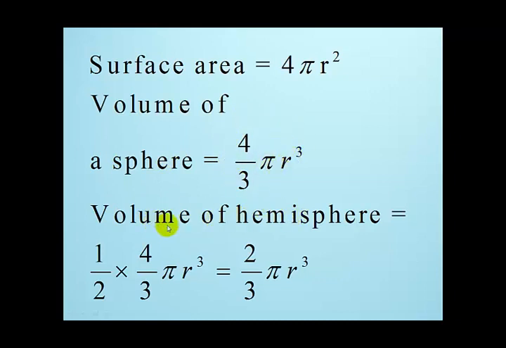So the volume of a hemisphere is equal to half times 4 over 3 pi r cube. Now 2 goes into 4 2 times, and so we are left with 2 over 3 pi r cube. So the volume of a hemisphere is equal to 2 over 3 pi r cube.